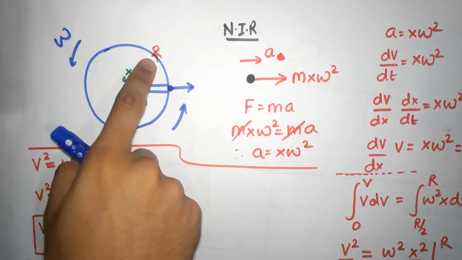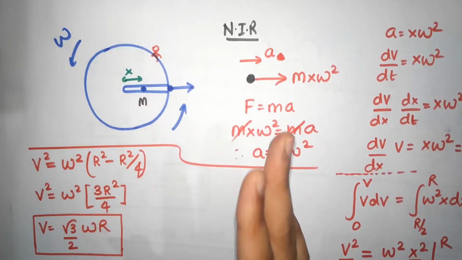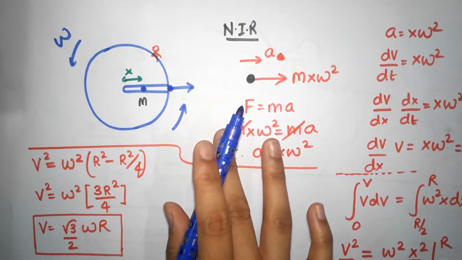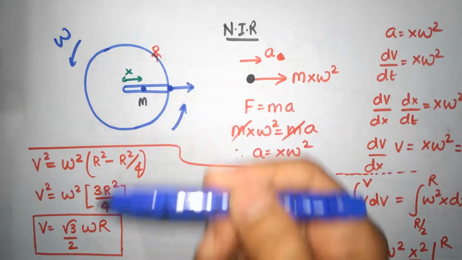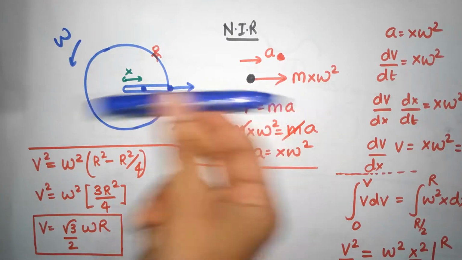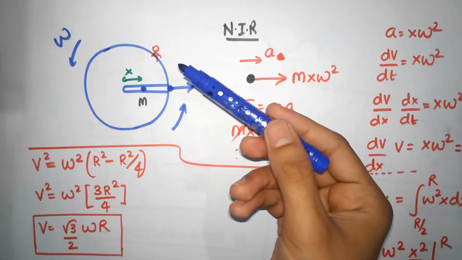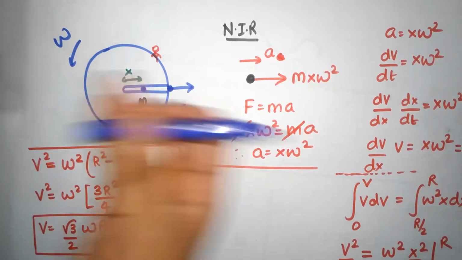When you went into a non-inertial reference frame, you got a velocity perpendicular. This might sound a little complicated. Listen to me very carefully. When you look from the inertial reference frame, the speed appears to be in this direction, radial speed. When you go into the non-inertial reference frame, it again appears to be radial speed.